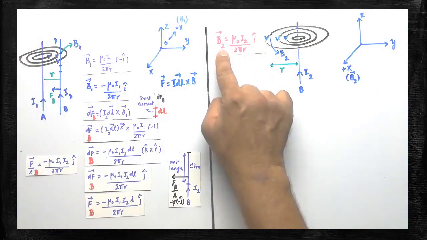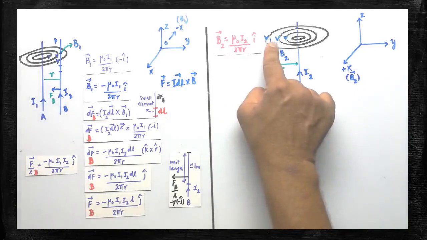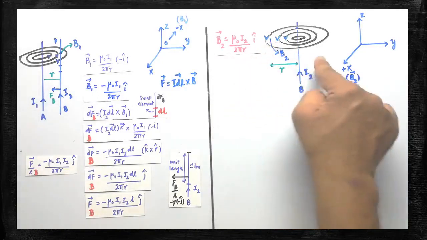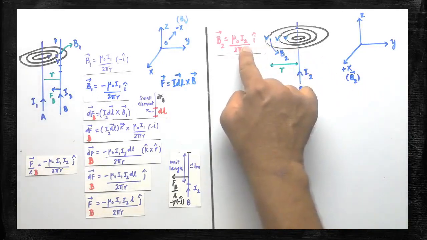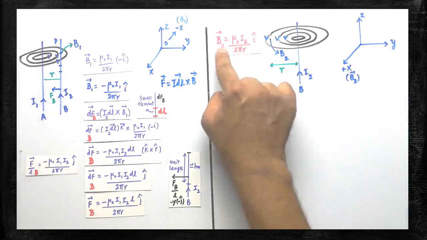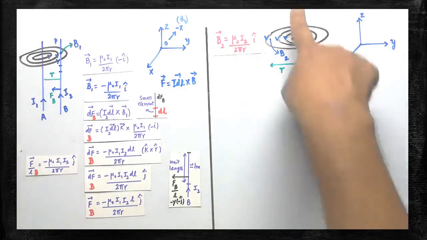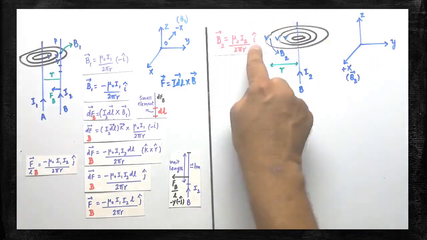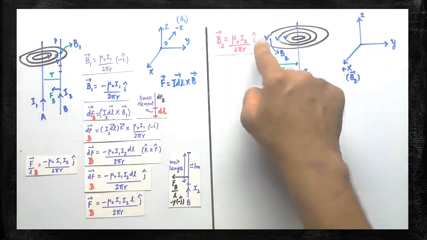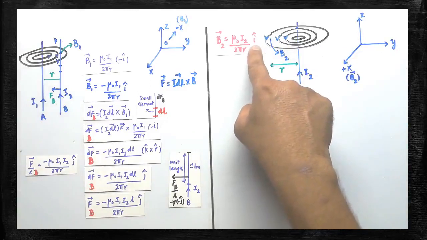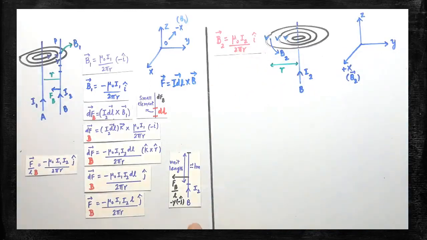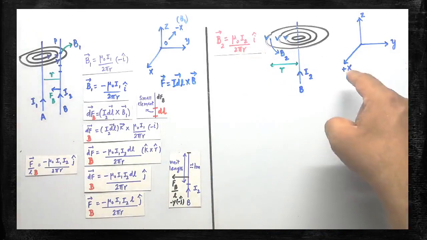B2 is nothing but the magnetic field at point P, that is located R distance from the conductor. Why is I2 written? This magnetic field is due to the flow of the current I2. The direction of B2 is acting along the x direction. That's why the i vector is written. Are you clear? And it is acting in the positive x direction.